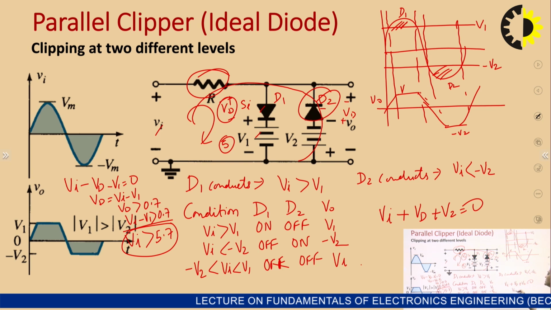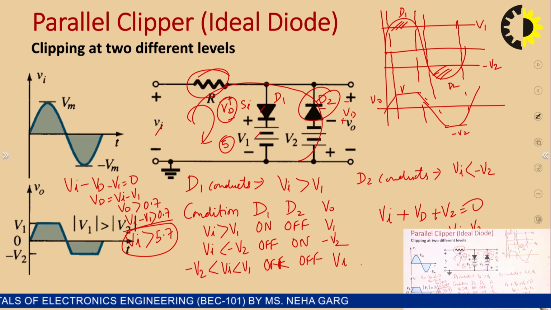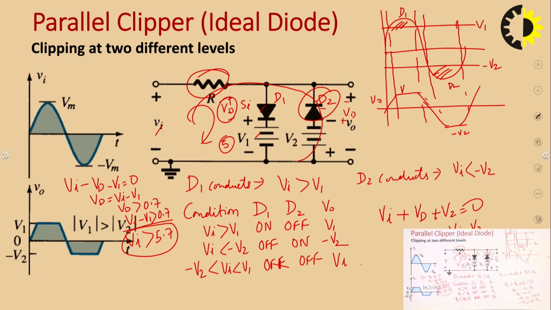So Vd would be equal to minus Vi minus V2. For the diode to conduct, Vd must be greater than 0.7, so minus Vi minus V2 greater than 0.7, which gives Vi less than minus 0.7 minus V2. For this condition the diode will conduct. In this way we will find the conducting conditions and solve further questions.